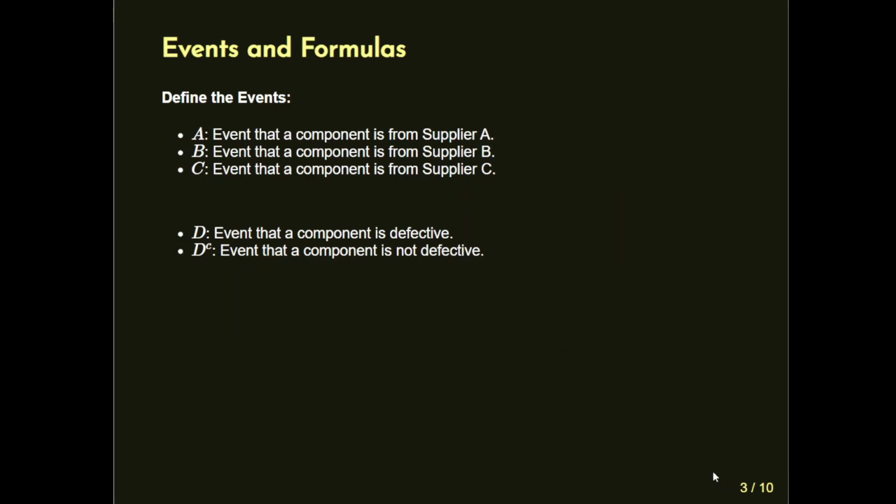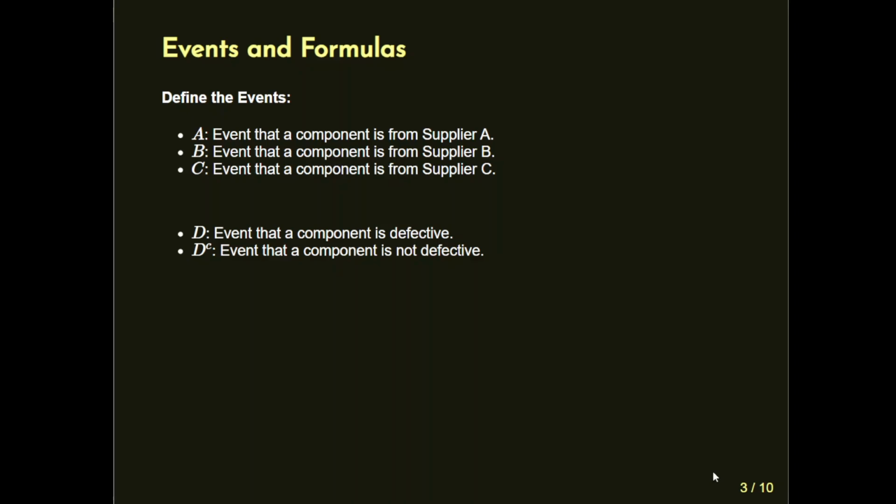Now, it's always a good idea to actually state the events in a question. Just write them out like this, if you're doing an exam or something like this. So A is the event that the component is from supplier A. B is the event that the component is from supplier B. C is the event that the component is from supplier C. D is the event that the component is defective.